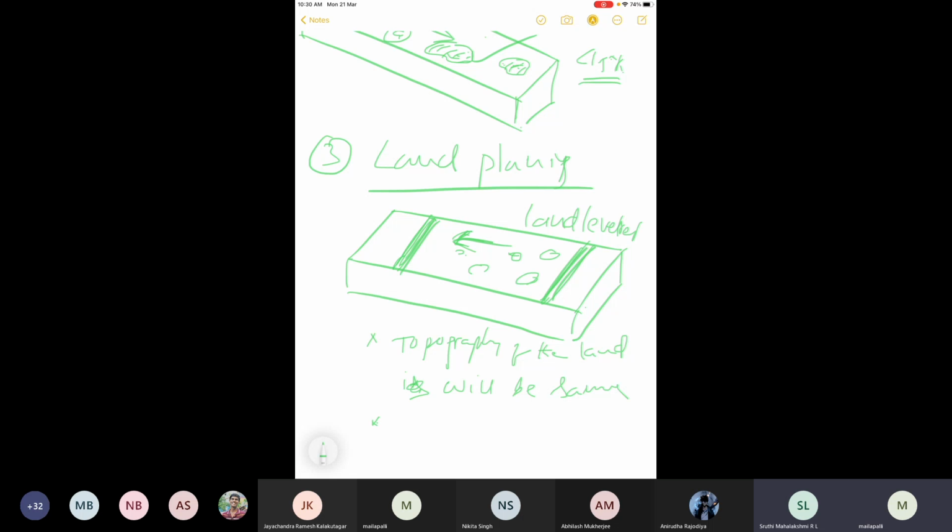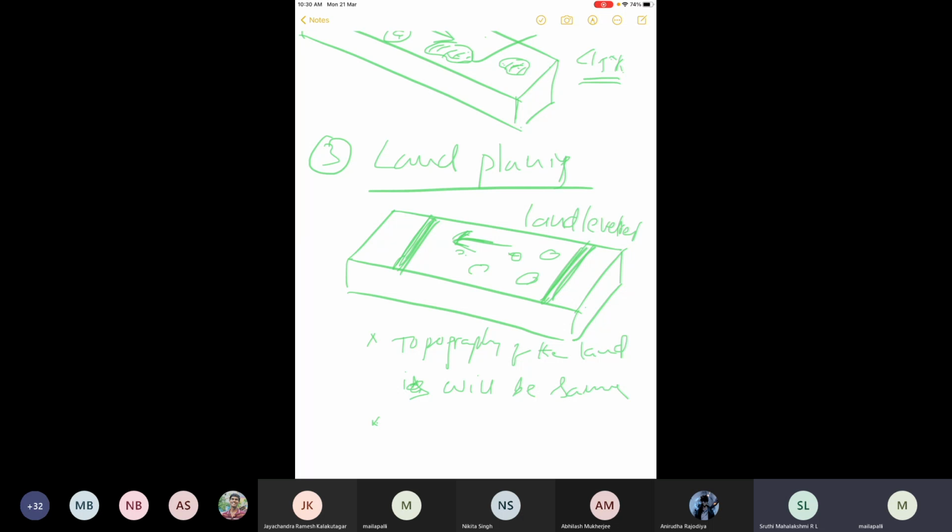Okay, so the next is the layouts. What we are talking about is the surface drainage system. In the surface drainage system, these three operations need to be done before going for the design. First you check whether the field is leveled or not, and what the land slope is. If it is not leveled, you probably need to use these three operations.